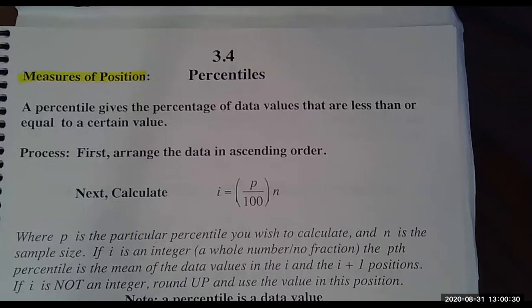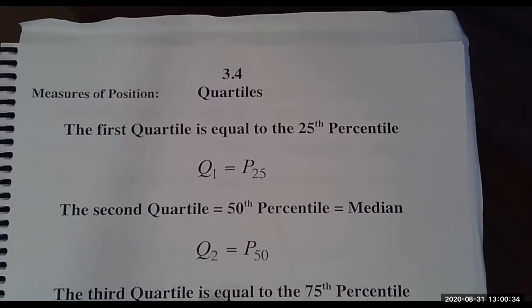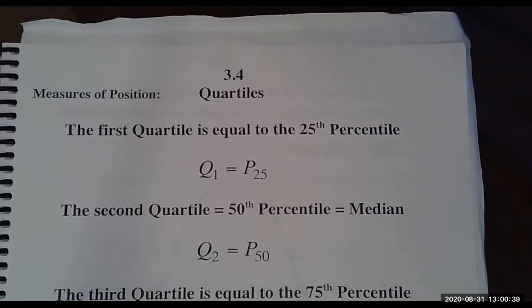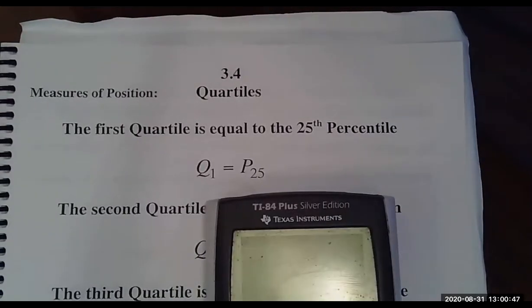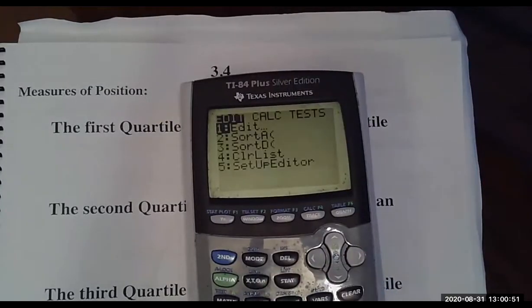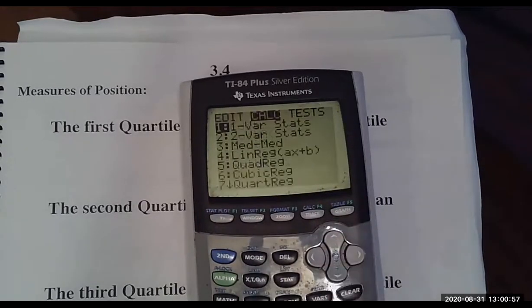There's also going to be something about quartiles. You'll see quartile 1, 2, and 3. Quartile 1 and 3 are in your calculator. If you've been playing with your calculator, you would have gone into stat, edit, and had data in there, and eventually stat, calculate.